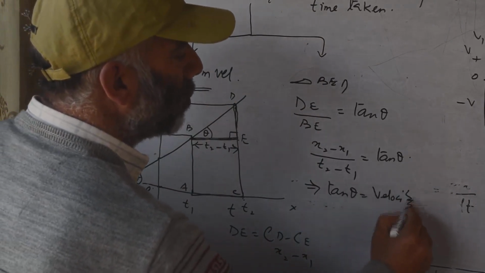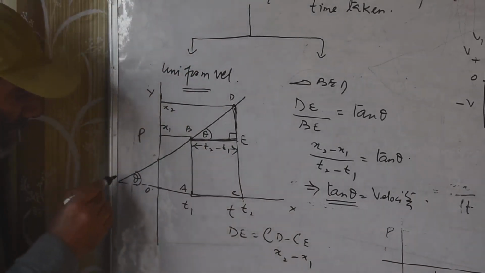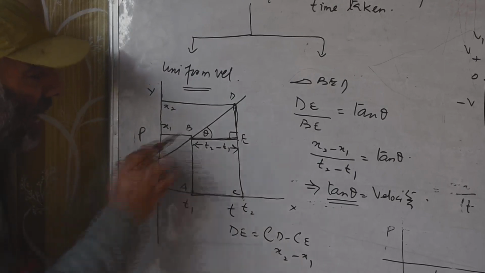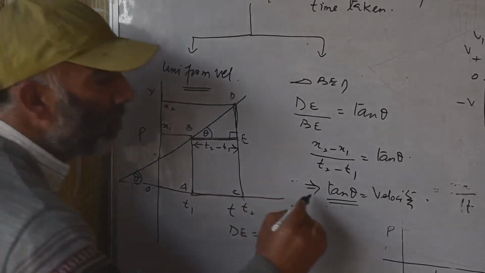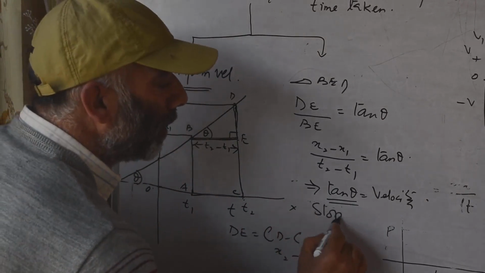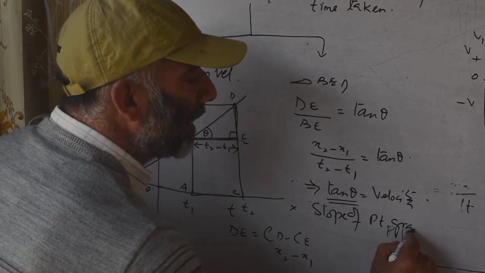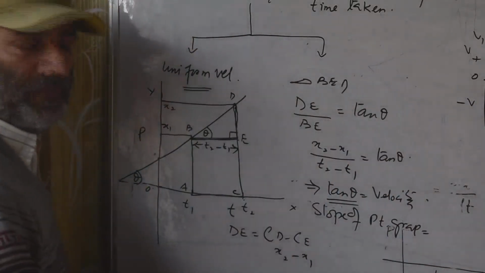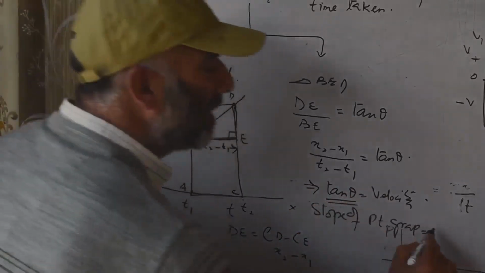So what is the tangent of the angle? Tangent of this theta. That is the angle that this line, the graph, makes with the positive direction of the x-axis. We call it slope. Slope of the position time graph is equal to tan theta, and it gives us velocity.